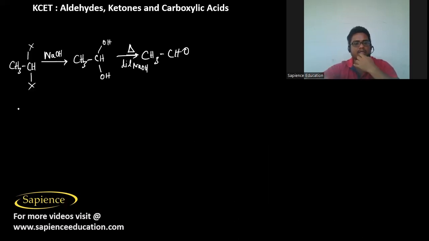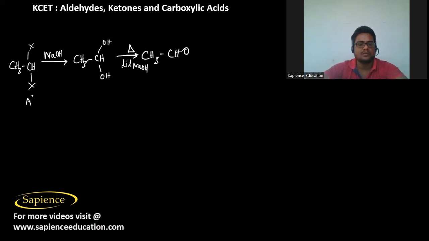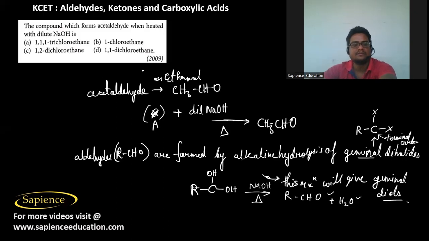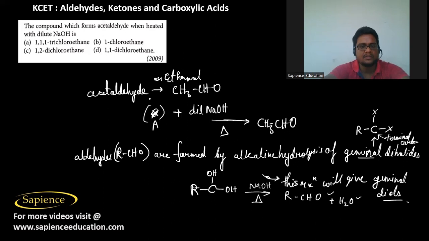So the compound, here we can write it, compound A, from which acetaldehyde is obtained on reaction with dilute NaOH, should be 1,1-dihaloethane.